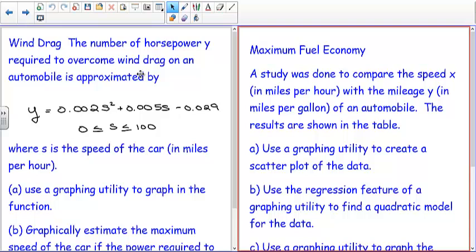So what happens is it's a quadratic function, so it's going to increase, but it increases more as you get higher speed.